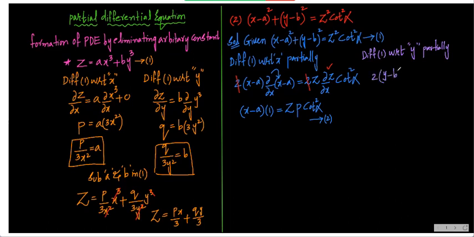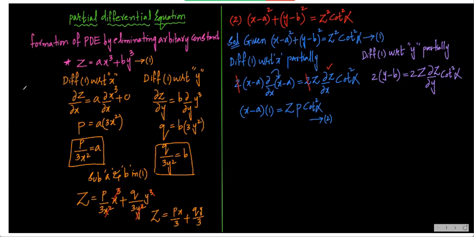2 times of y minus b into 1, and the inner function equals to, no need to write, neglect, equals 2 times z into ∂z/∂y, into cot square alpha, right?